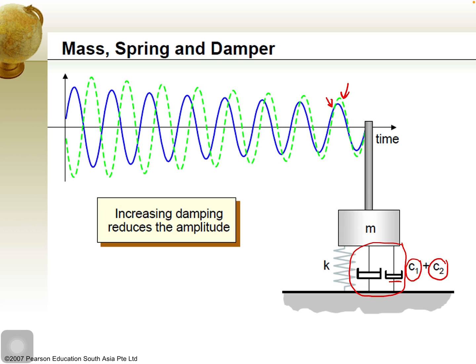Again, what is amplitude? Amplitude is the maximum displacement. This is the previous amplitude, and this is the second amplitude after we add more damper. Okay, hopefully you got that.